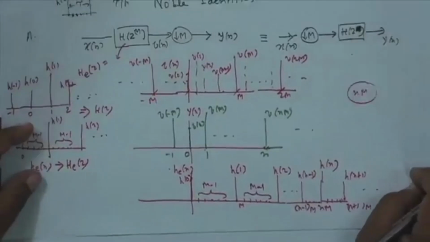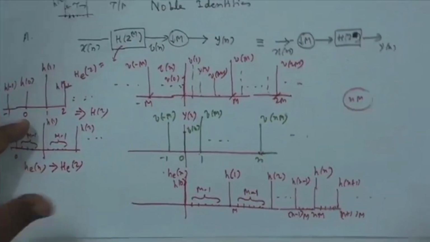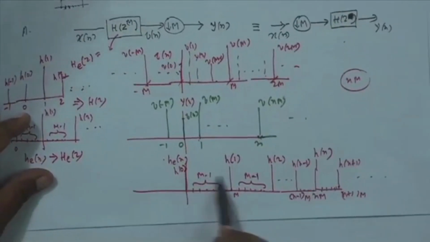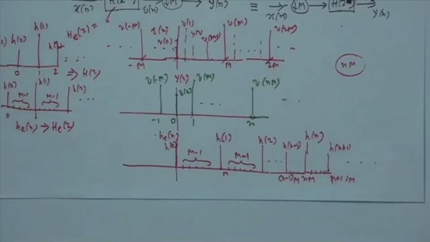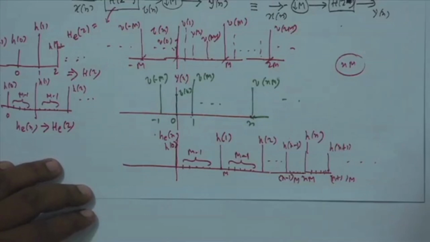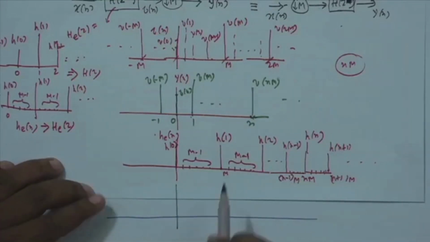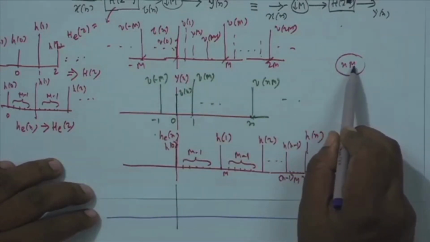With this I have to convolve x n. So, how to convolve x n graphically? This is a linear convolution. I hold h sequence as it is, flip the x n sequence, and I am interested in finding out the output not at any arbitrary point, but at n times m.